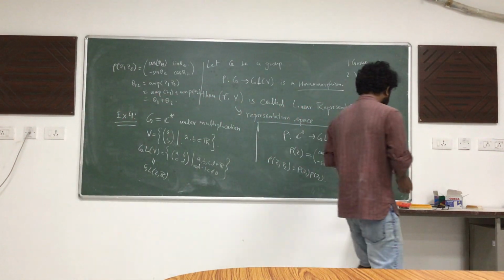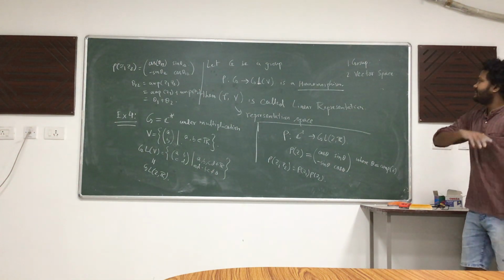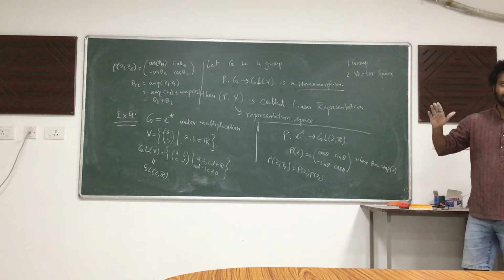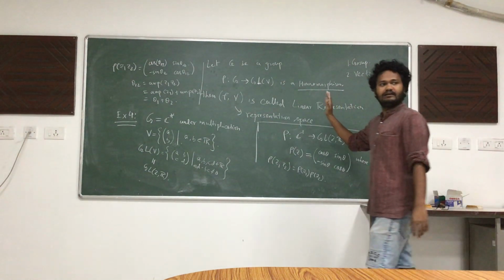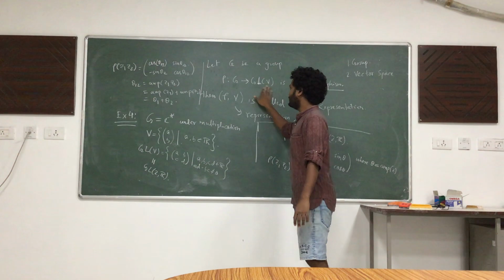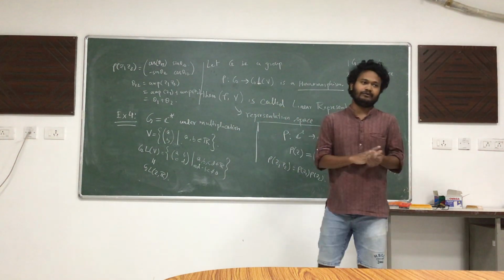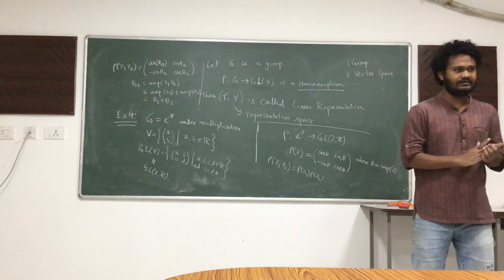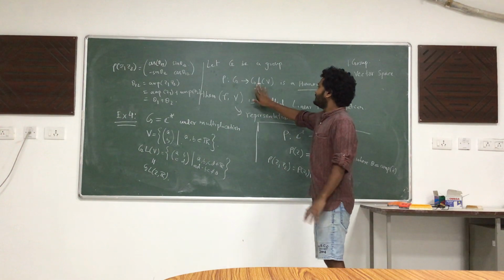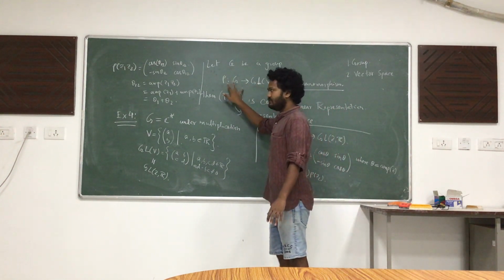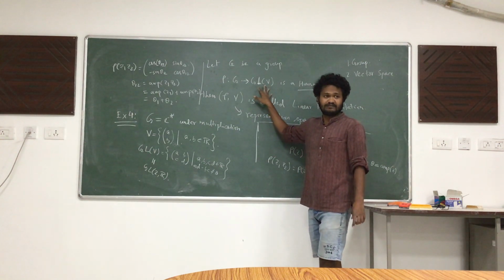So representation, basically, if we have a group, is whether we can give a homomorphism from that group to the group of all invertible linear transformations of a vector space. So in order to define a representation, we need to have a group and we need to have a vector space.